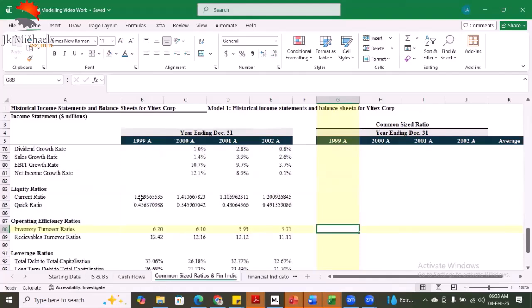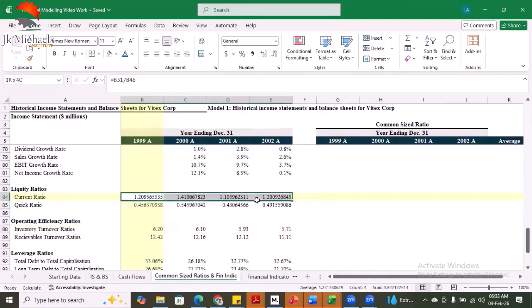And for our ratios, right, current ratio generally tends to be expressed as ratios rather than percentages, right?